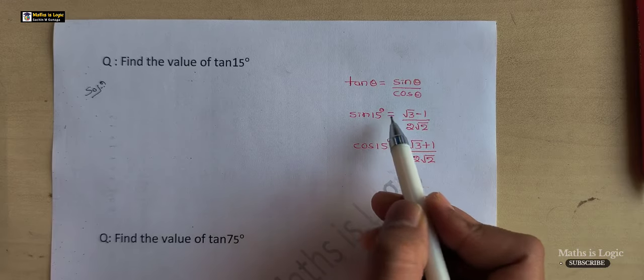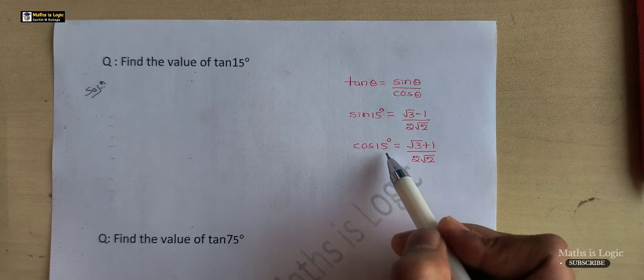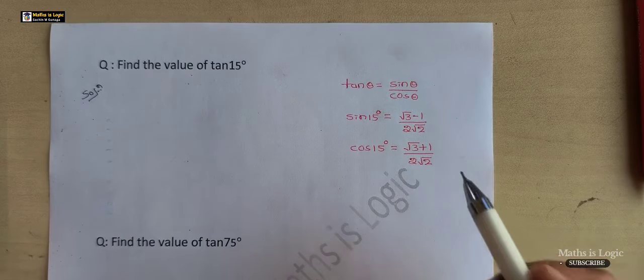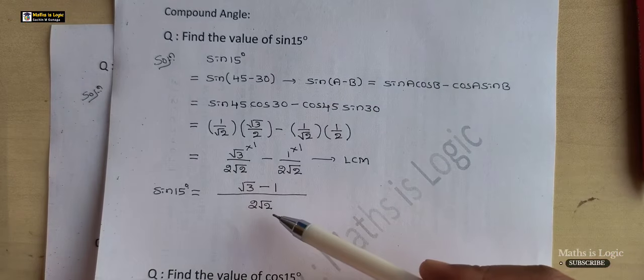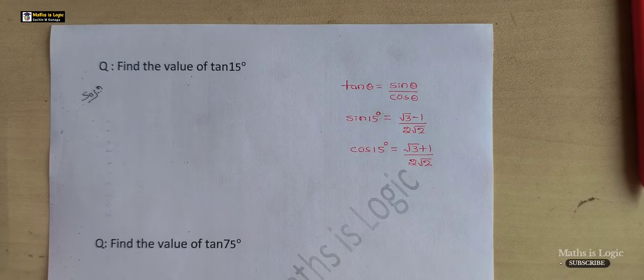What is that sin 15 degree value? Root 3 minus 1 divided by 2 root 2, and cos 15 degree value is root 3 plus 1 divided by 2 root 2. Already I have done this, correct? Sin 15 is root 3 minus 1 divided by 2 root 2, and cos 15 is root 3 plus 1 divided by 2 root 2.